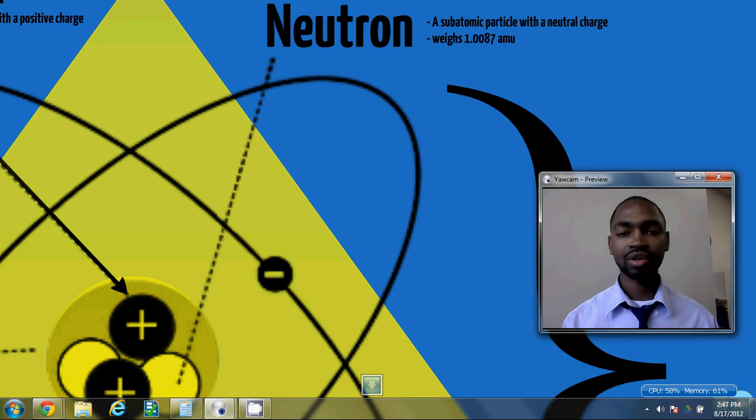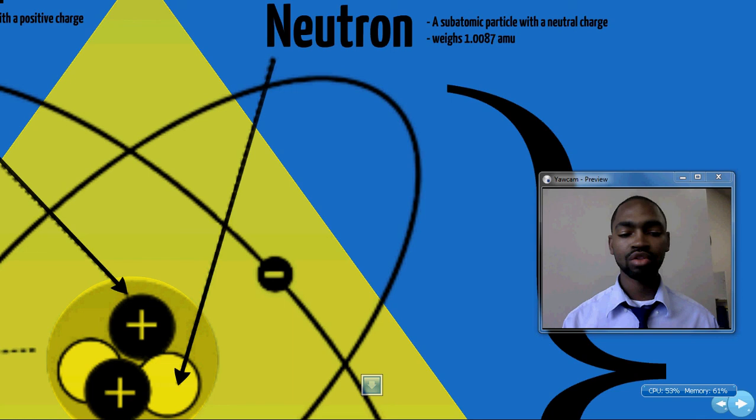All right, so the neutron is in the nucleus with the proton, and it weighs almost 1 and 87 thousandths atomic mass units, AMUs. And as you can see here, there's no sign next to the neutron because the neutron does not have a charge to it. It's neutral.